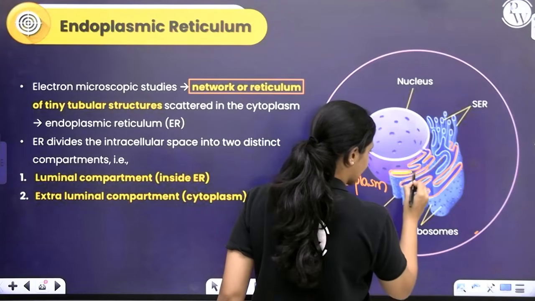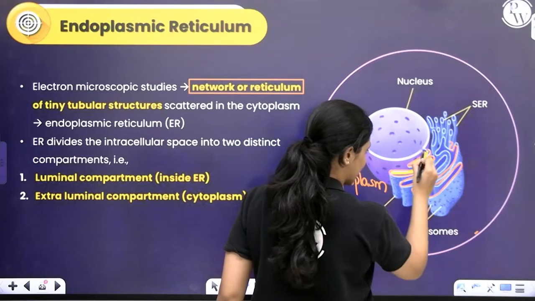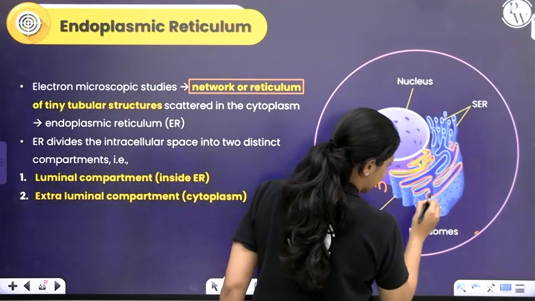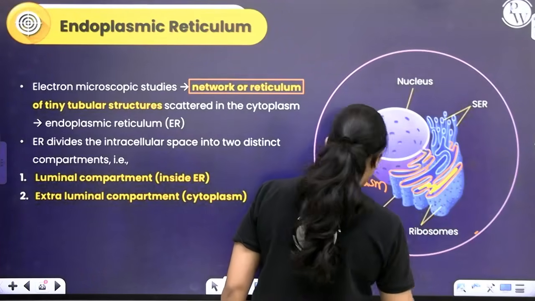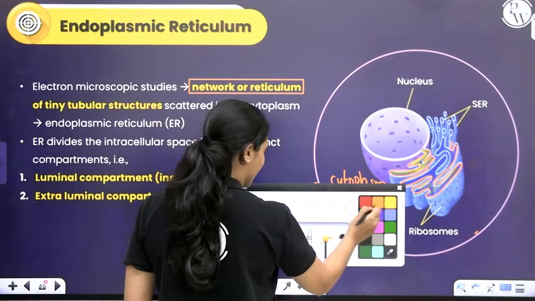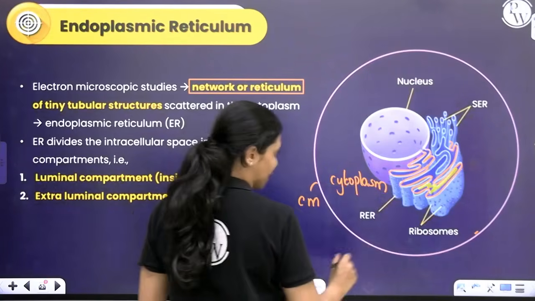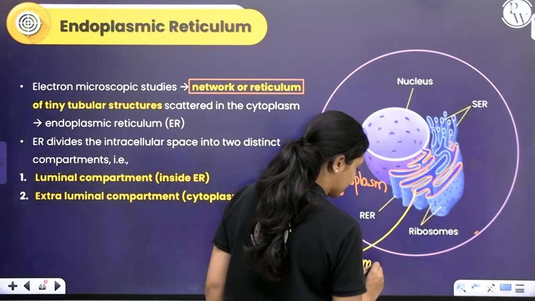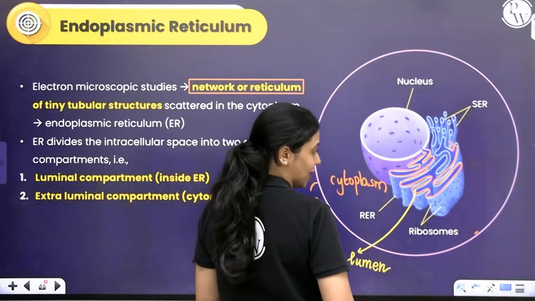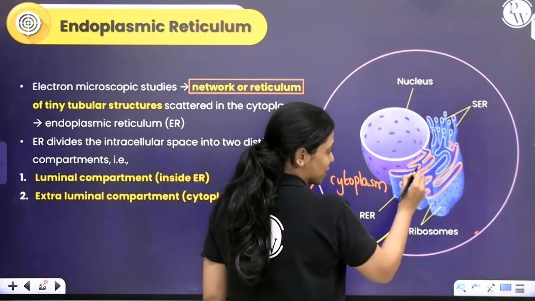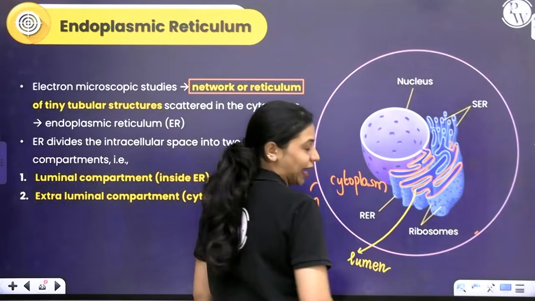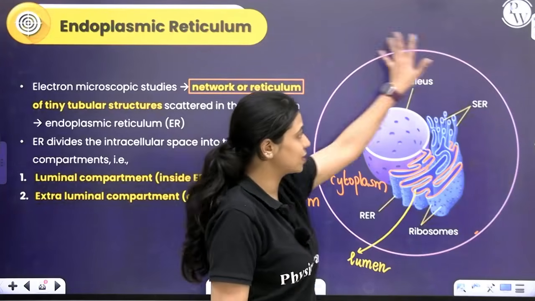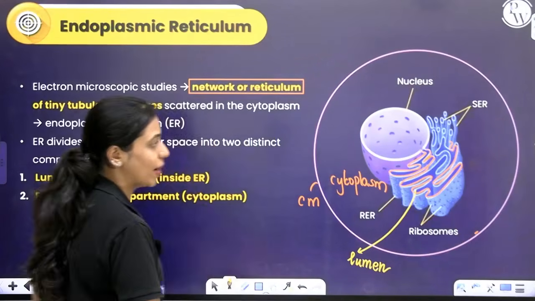See, inside this orange color, there is space here. That space that is present inside the endoplasmic reticulum is what we call the lumen of the ER. This space is the lumen of ER. The presence of these membranes in the endoplasmic reticulum divides the whole cytoplasm into 2 compartments.